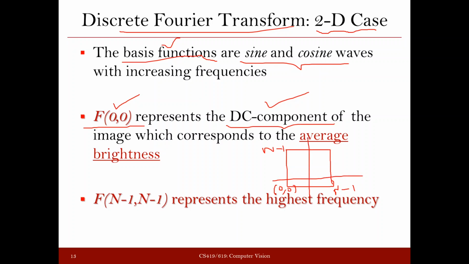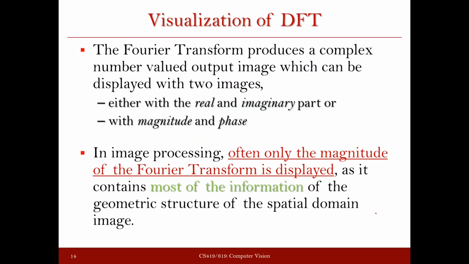When you move from this side to this side, frequency increases. Okay. So you can say that whatever you have at n minus 1 comma n minus 1 is the highest frequency that you can have. So f00, as I said, represents the DC component, and similarly f n minus 1 comma n minus 1 represents the highest frequency that you have in your image.